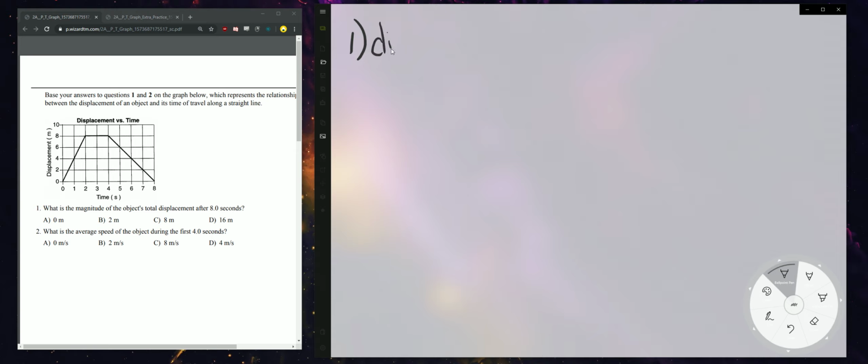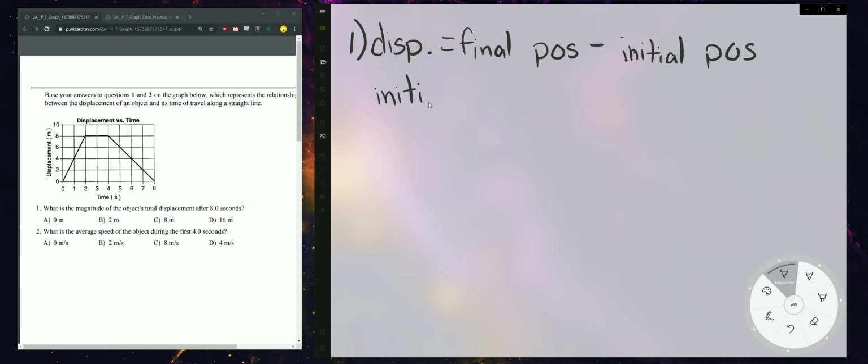So again, you know your displacement, and we'll call it DISP, and it's your final position minus initial, okay? And so your initial position is 0.